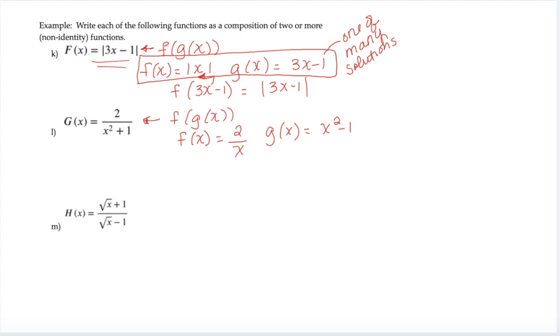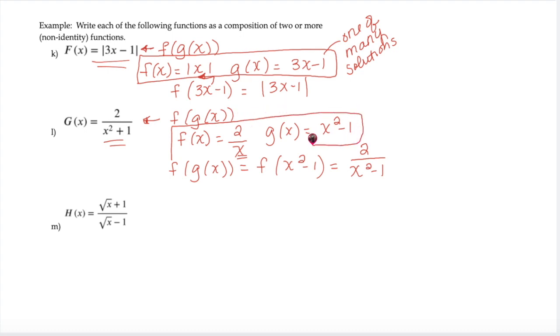So when I find f of g of x, I'm looking for what is f of my g of x function. So wherever I see x in my f function, I will replace it with x squared minus 1. And we get back where we started. Again, this is just one example that would work in this situation of many.